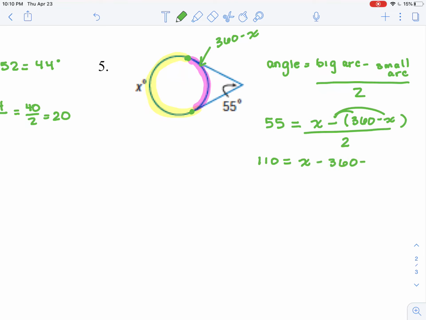So x minus 360 plus x. When I combine like terms, 110 equals 2x minus 360. So 2x will equal 470, which makes x 235.